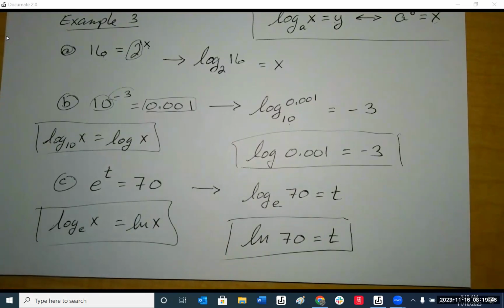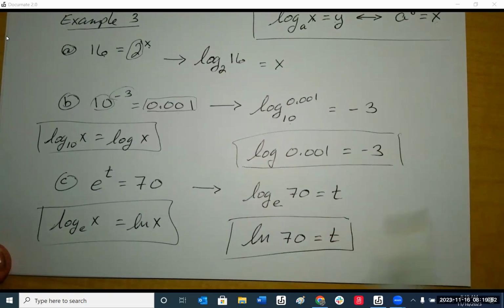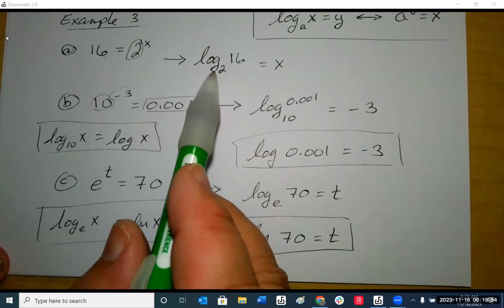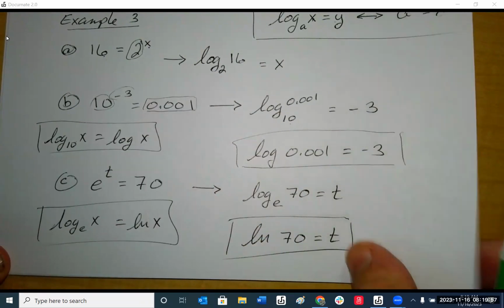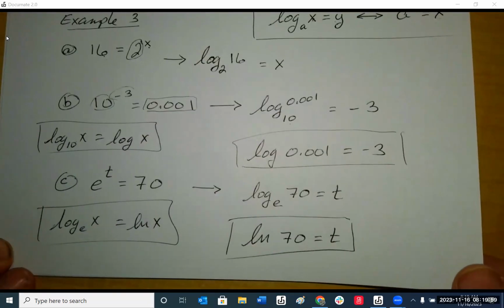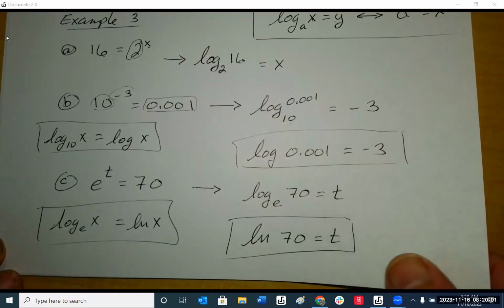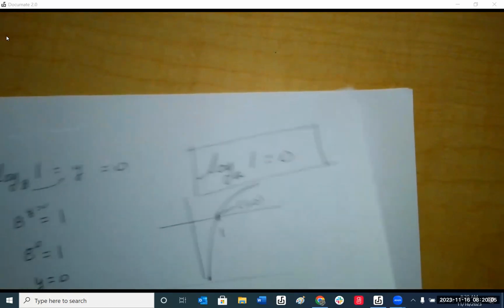Anything other than 10 and E, you have to write down those numbers. So that's going from exponential to logarithmic. Let's reverse the process. Let's go from logarithmic to exponentials.